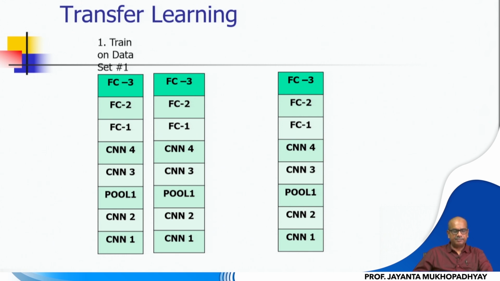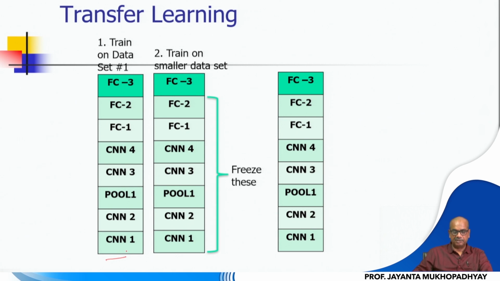Now, the leftmost network architecture, we train on data set 1, and then we would like to train on a smaller data set. So what we can do, that trained network on data set 1, we keep some of these layers frozen. For example, most of these things are frozen. That means we don't want to update those weights. Only we are updating the FC3 layer here.